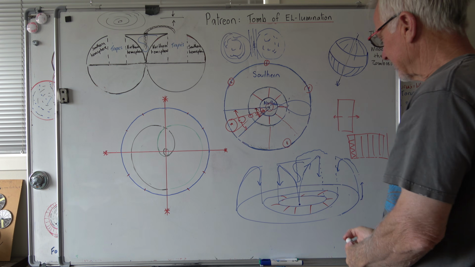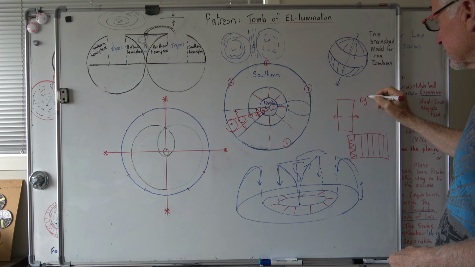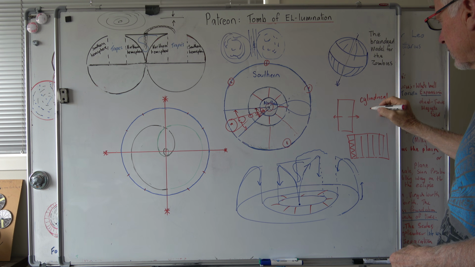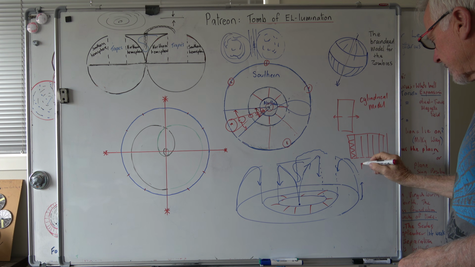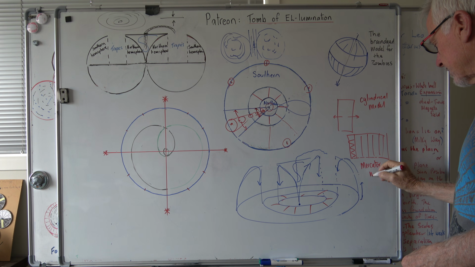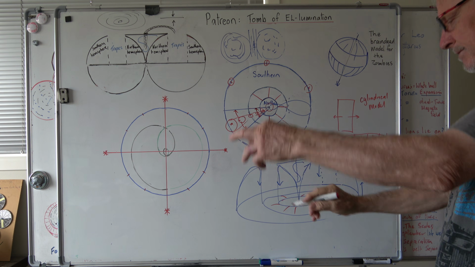Everything expands out. There's your cylindrical model. There's the Mercator model, and then you've got the Gleason model.